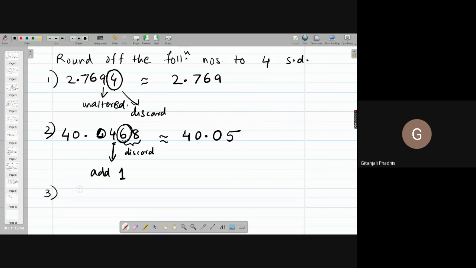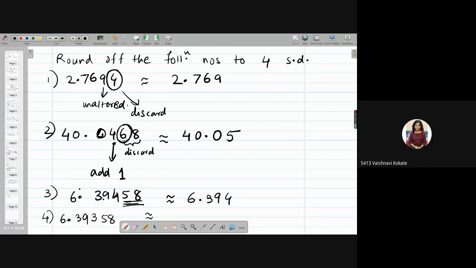Next, 6.39458. Now tell me the answer. It is 6.394. Why? Because the digit we are going to discard is exactly 5, but the digit before it is even.